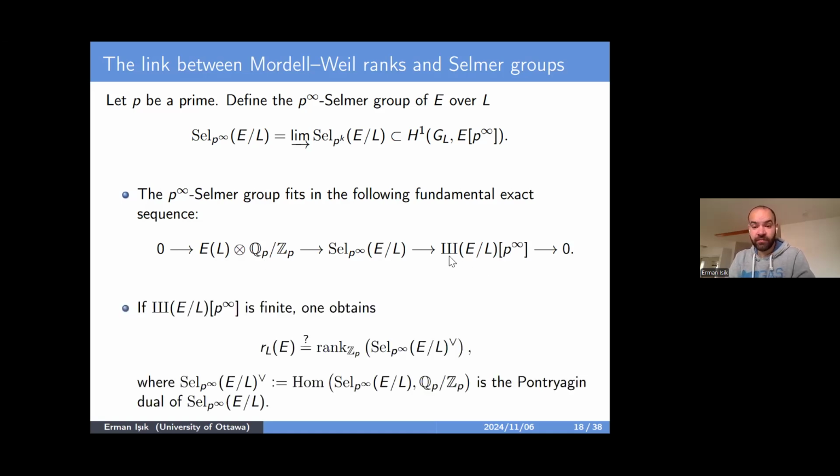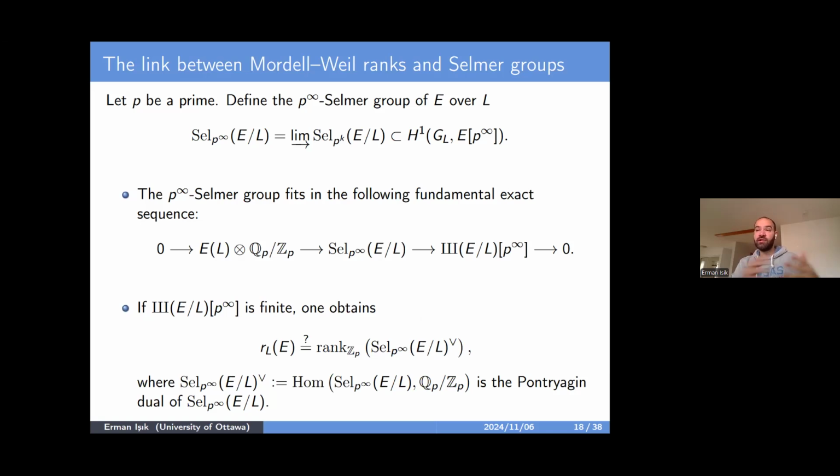So if this happens to be finite, which is conjecturally true, what we obtain is that the Mordell-Weil rank of A over L is actually the Z_p rank of the Pontryagin dual, which is this object here, of this Selmer group. So if one thinks about the Iwasawa main conjecture, if we have something like that, the characteristic ideal of this is generated by the p-adic L-function, which is related to the L-series.